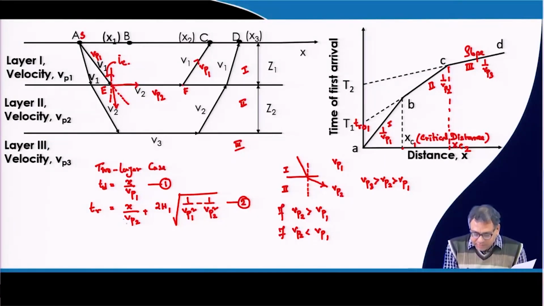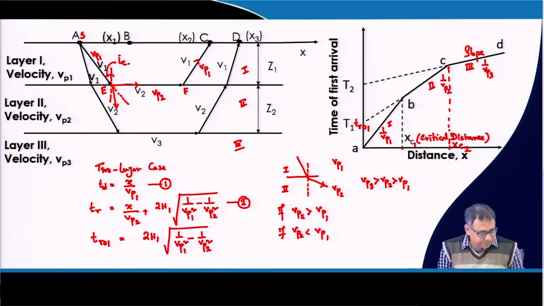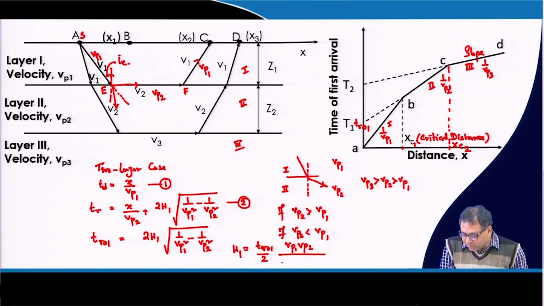Now, if I put x equal to 0, Tr01 will be 2h1 root over 1 by Vp1 square minus 1 by Vp2 square, or I can calculate h1 equal to Tr01 divided by 2 Vp1 Vp2 root over Vp2 square minus Vp1 square.